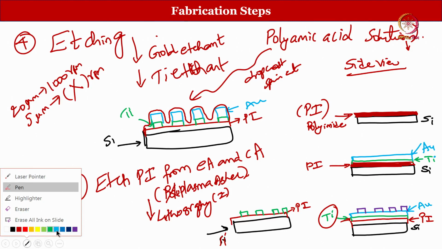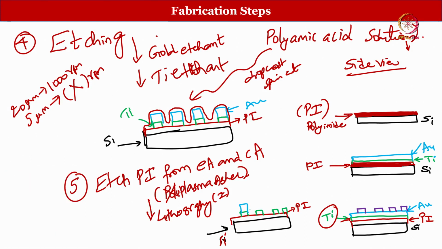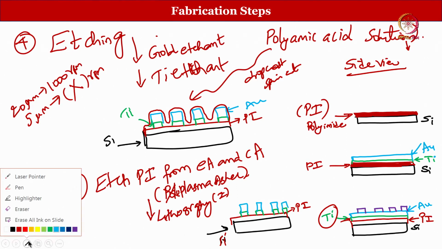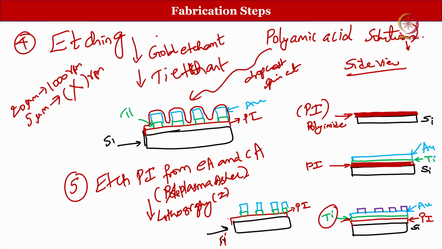I am just hurrying up a bit because you might be bored with all this again and again. Wherever you want it to be exposed, you did all this photolithography, and otherwise these things are not exposed, right. So, this is exposed, this is not exposed.